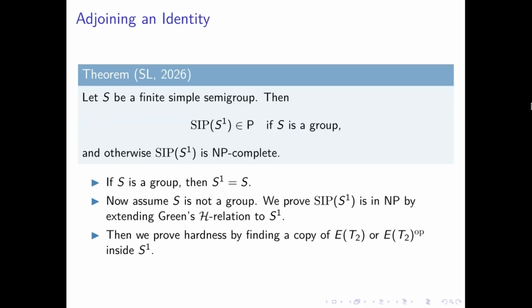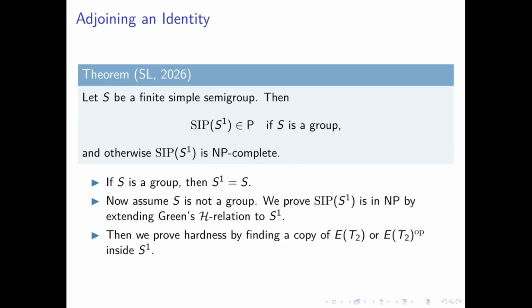Let S be a finite simple semigroup. Then SIP of S^1 is in P if S is a group, and otherwise SIP of S^1 is NP complete. Here S^1 means adjoining an identity if necessary. For example, if S is a group, it already has an identity, so S^1 is S. Since we proved that in the previous case, if S is a group, then SIP of S^1 is in P.